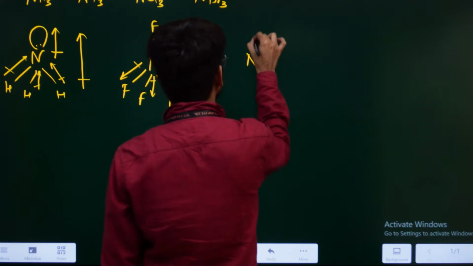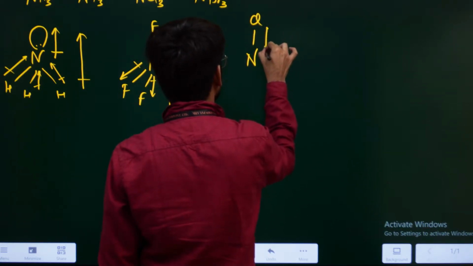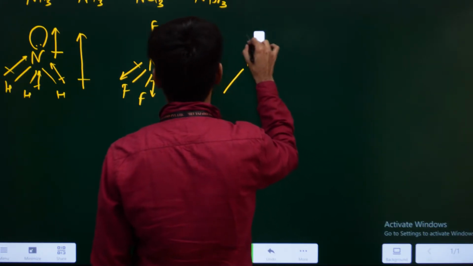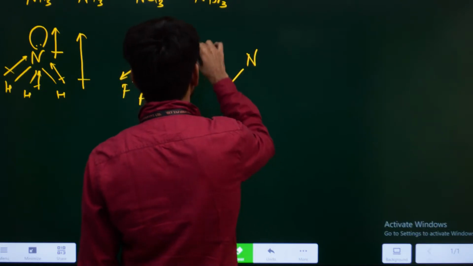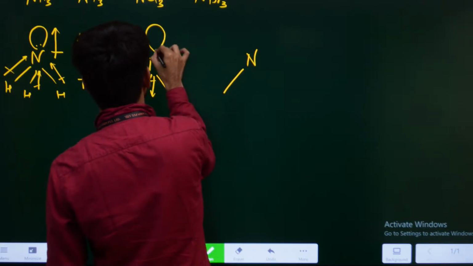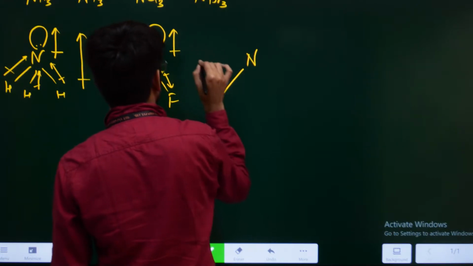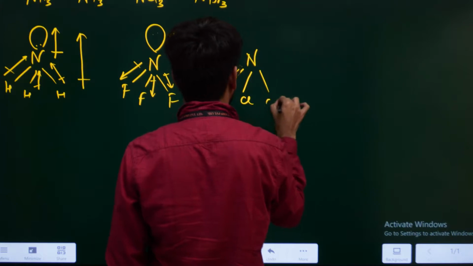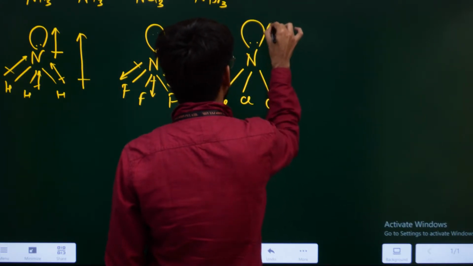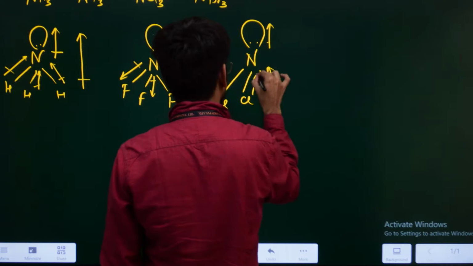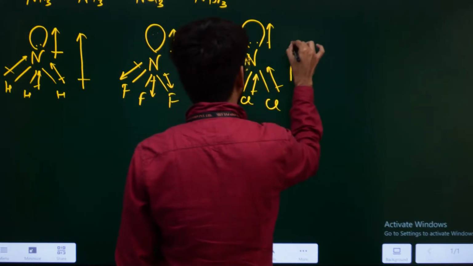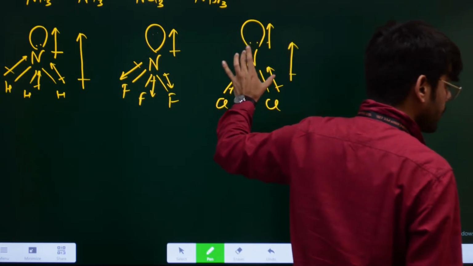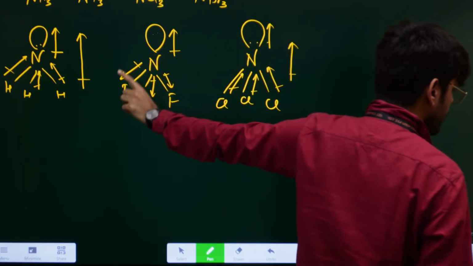NCl3. Up, up, up, up. Overall up, but obviously less than NH3 for obvious reason, because the electronegativity difference here is less as compared to NH3.